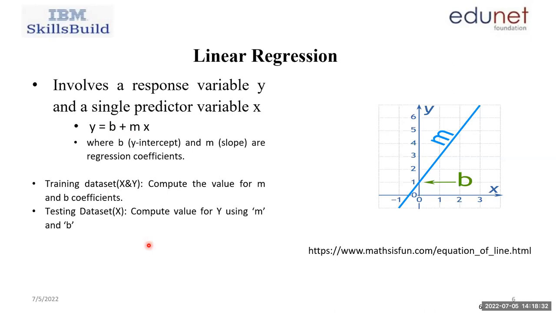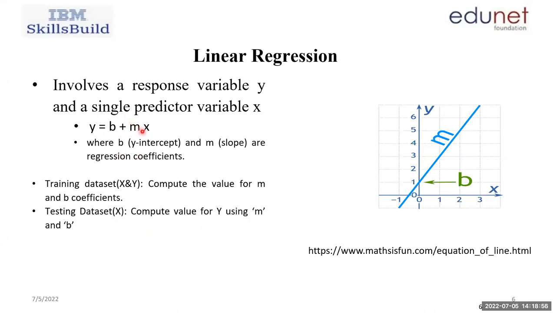That's the concept of linear regression. So with the training data set, compute the values for the m and b coefficients. M is the slope and b is the y-intercept. Then with the testing data set, compute the value of y using m and b.